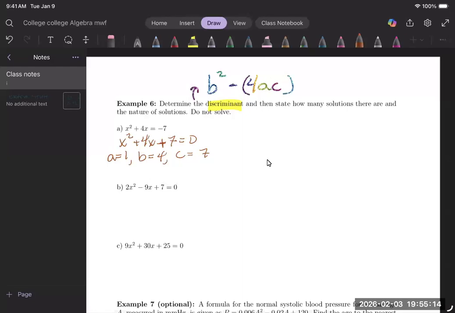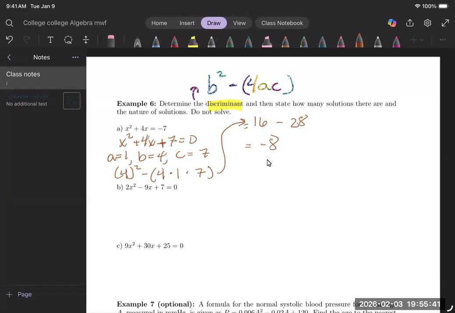So then my discriminant would be 4 squared minus 4 times 1 times 7. So then that is 16 minus 28, which is a negative number. A negative 12, if my math is mathin'.